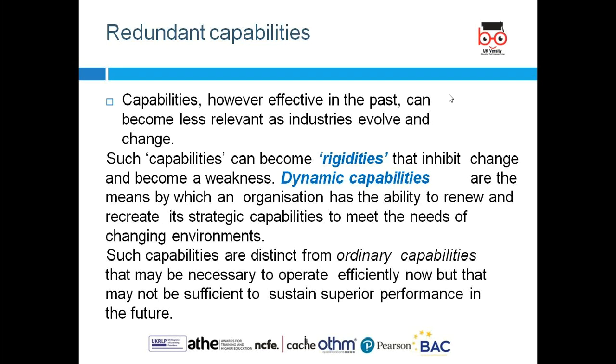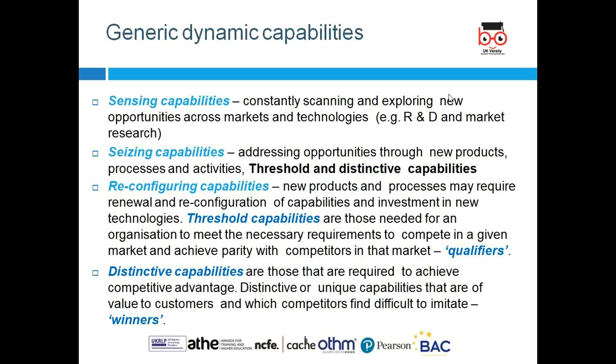Dynamic capabilities mean the organization has the ability to renew and recreate strategic capability to meet the needs of a changing environment. Capabilities that are efficient now may not be sufficient to sustain superior performance in the future.